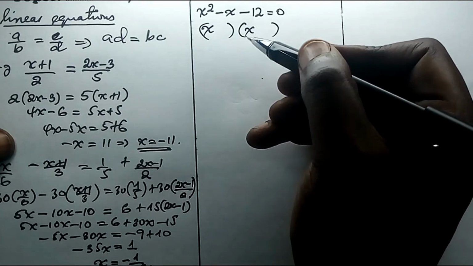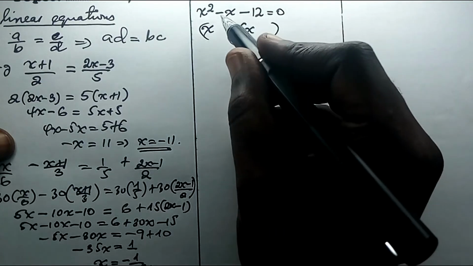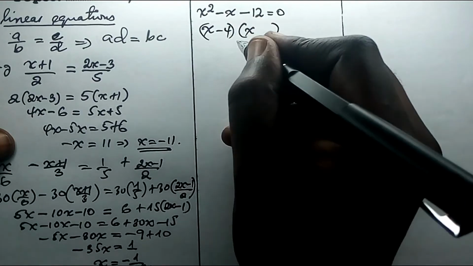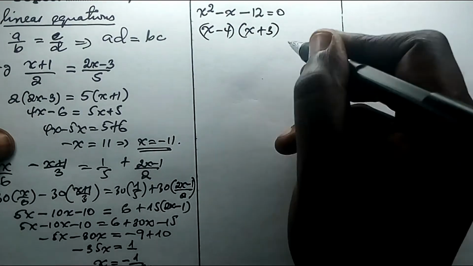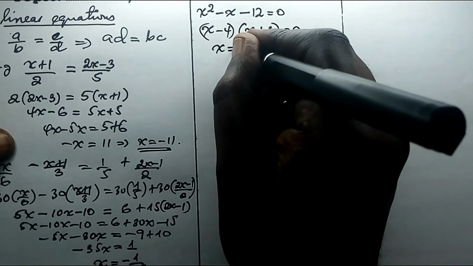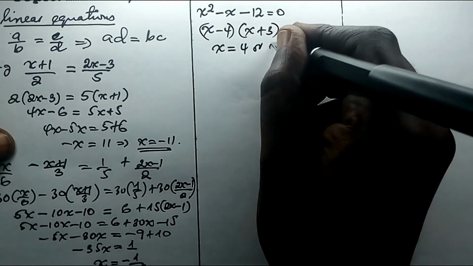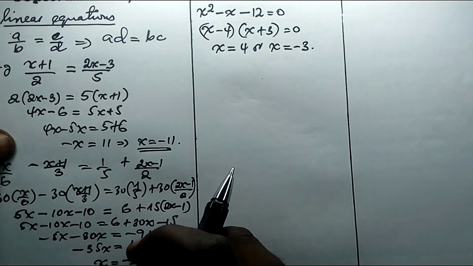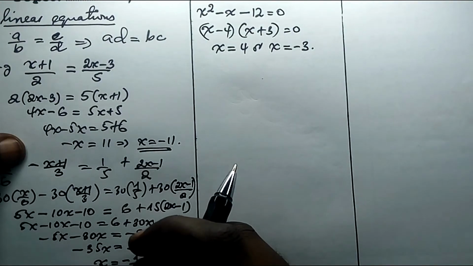And when I add or subtract, I have negative 1. It should be negative 4 and positive 3. So those are the factors. So it's either x equals 4 or x equals negative 3 directly.